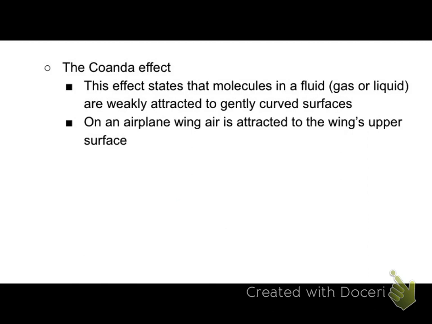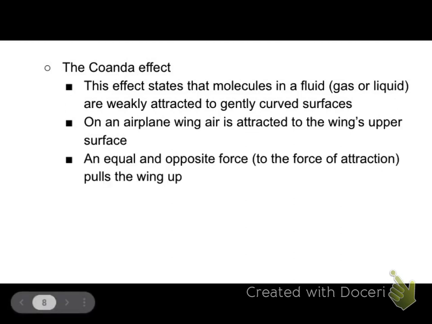So when that air is attracted to the wing, then the wing is also attracted to the air, and as a result, the equal and opposite force of that attraction pulls the wing up.